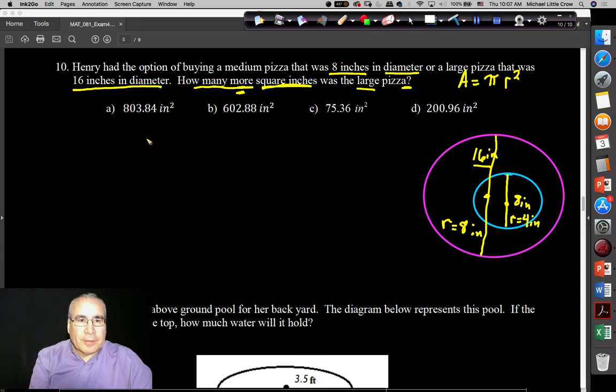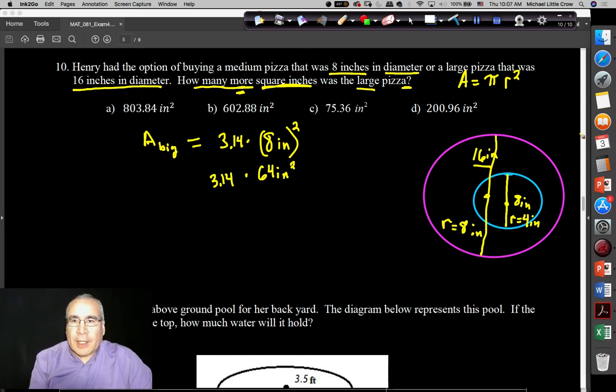So we'll go for the area of the large. I guess we could just call it large instead, but I just like big. So it's going to be pi, which is 3.14, times its radius squared, 8 inches squared. So this is going to give us 64 inches squared times 3.14.